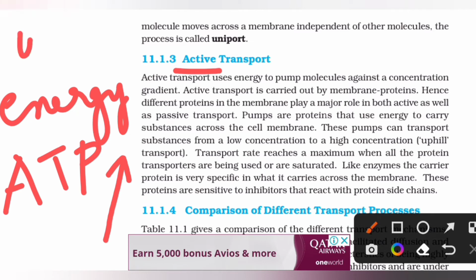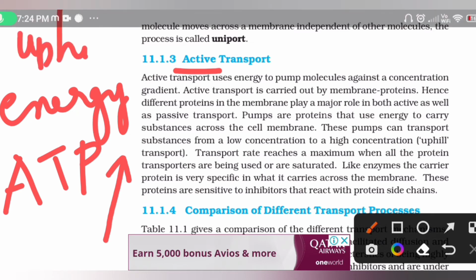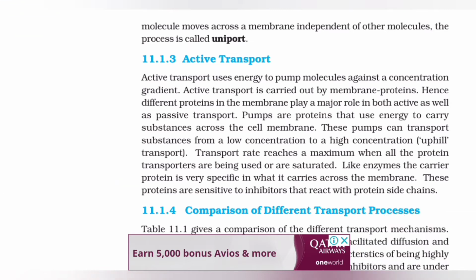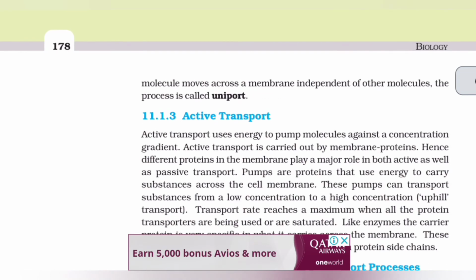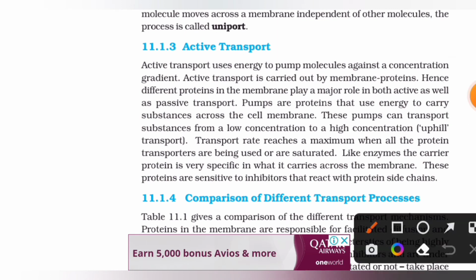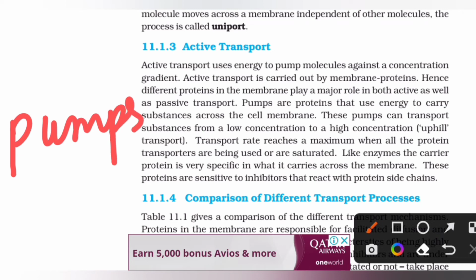So this kind of reaction is called an uphill reaction, as the movement of molecules is from the lower concentration to the higher concentration. Right. And for the transport of molecules, pumps are required. Just as carrier proteins are required, here pumps are required for the transport of molecules.